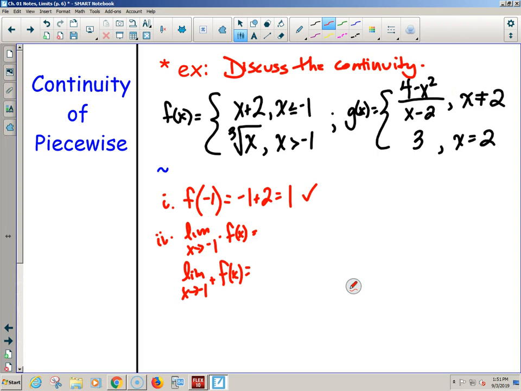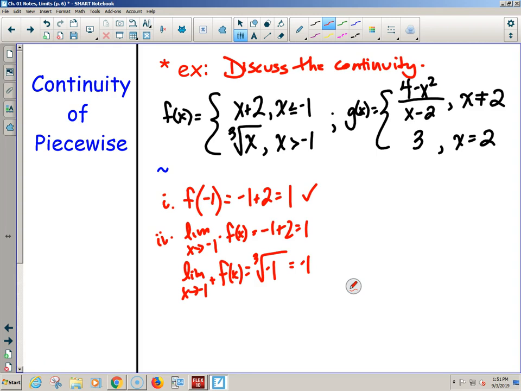So what am I plugging into if I'm coming from below -1? I think I have to plug into this one again, right? Because it's the less than. So it would be -1 plus 2, which would be 1. And then coming from above, where am I plugging it into? Yeah, the other one. So it would be the cubed root of -1, which is, uh-oh.